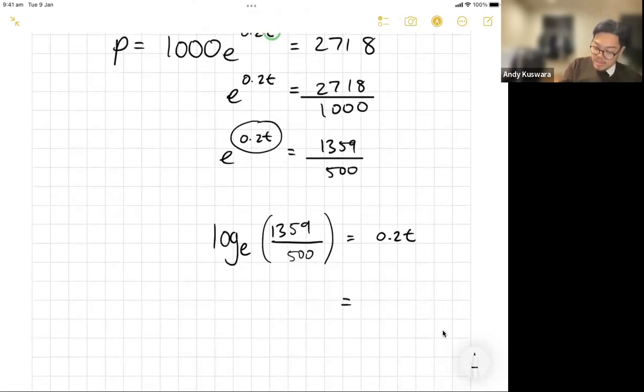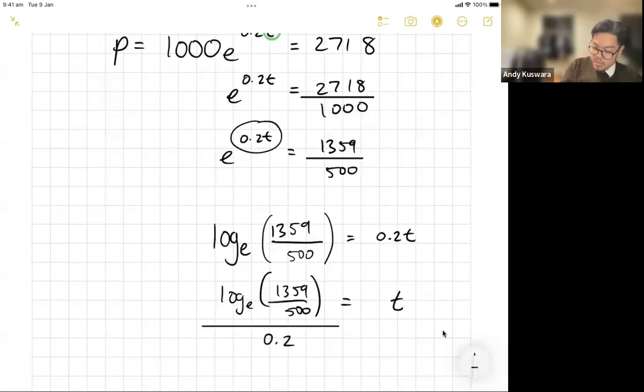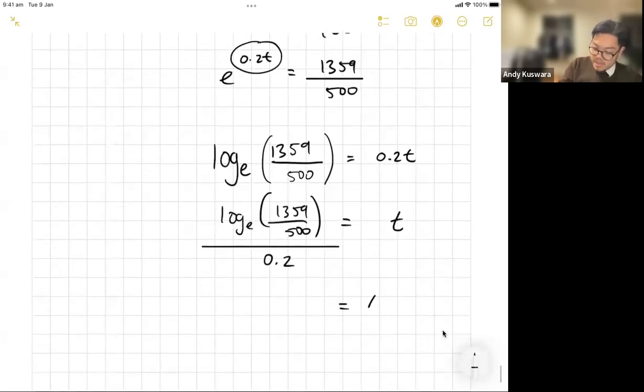And what I'm going to do now is, I don't want 0.2t, I just want t. So I'm going to divide both sides by, and this is where it gets a little bit gross, 0.2. And that is going to help me solve my time. And I'm hoping that if I put this in the calculator, remember I'm using ln.